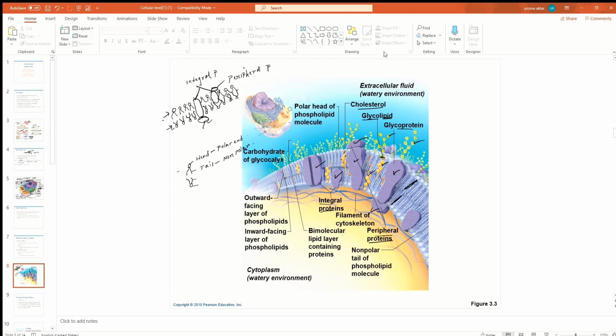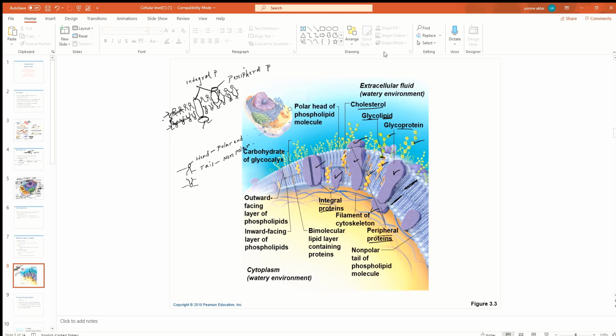Now you see the middle portion from here to here, this part of the cell membrane doesn't have any head, only tail. That means water insoluble. So water cannot pass through this tail part.